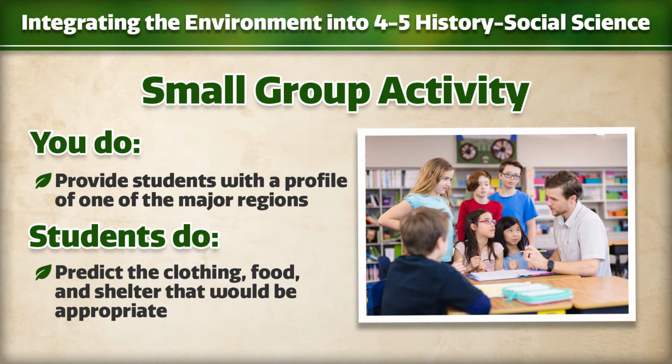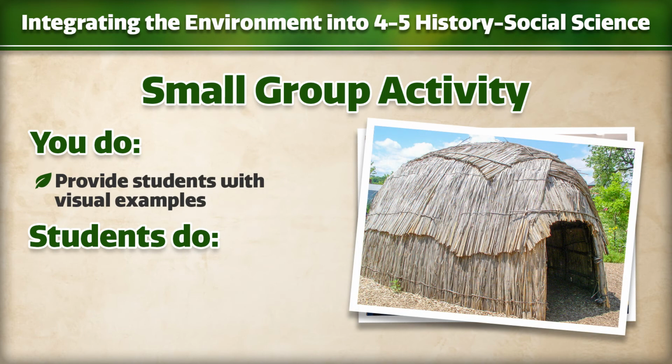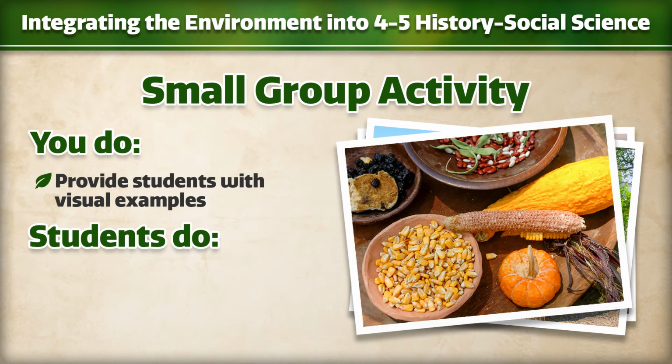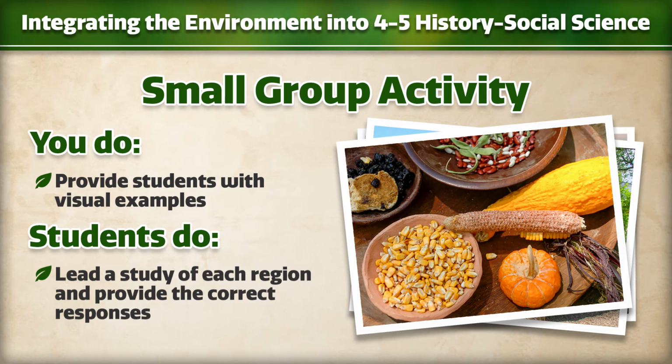They can also predict tools people in their region would have developed to help them manage local resources. You can consider providing students with visual examples to choose from, such as this wigwam dwelling from the Great Basin region, or the 3 sisters, corn, squash, and beans, from the Northeast Woodlands. To close the lesson, ask students to present their predictions and explain their thinking before leading a study of each region and providing the correct responses.